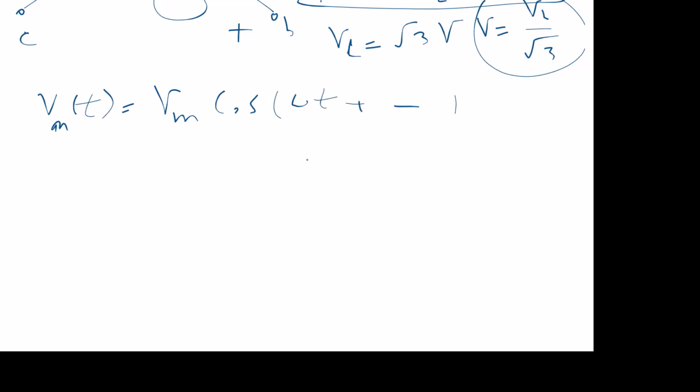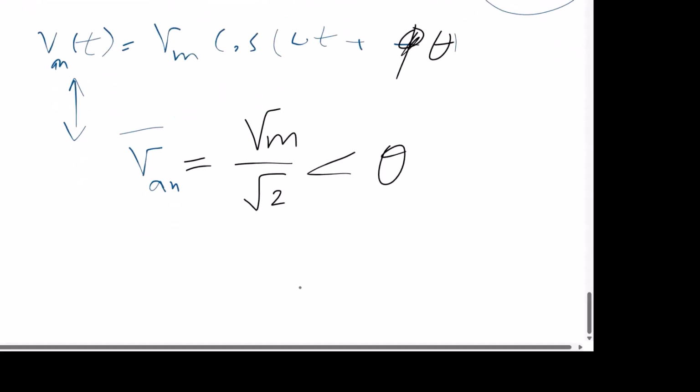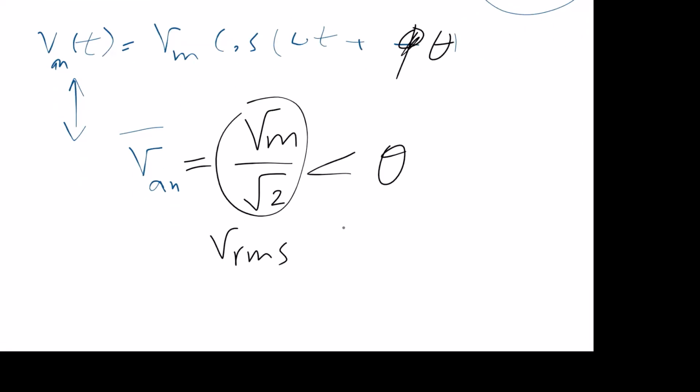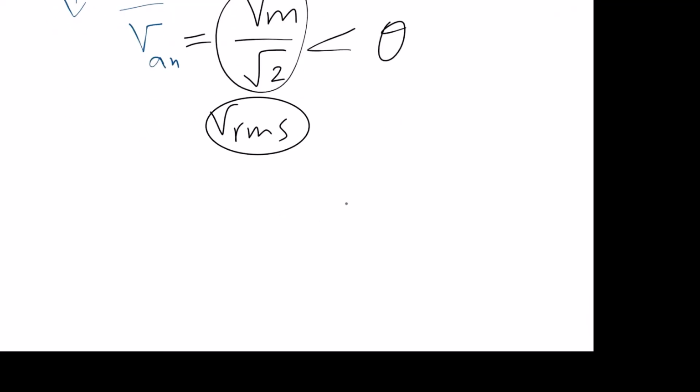And when we represented this as a phasor, we said VAN, usually with a capital letter instead of a small letter. And then we said this is VM over square root of 2 with the angle of whatever theta is in here. This is V RMS, right? So this is how we usually work with RMS values rather than the maximum values in power systems.